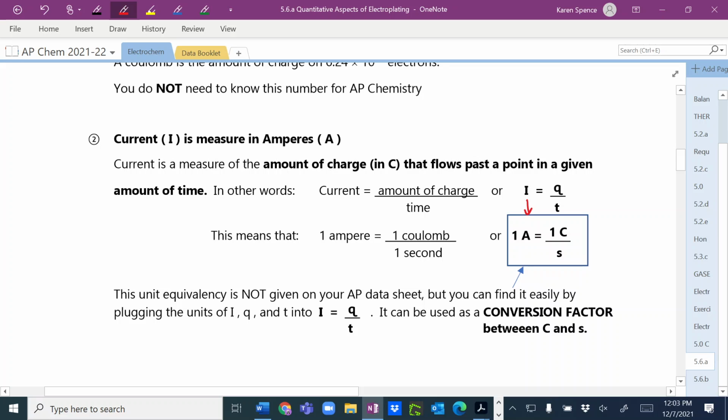We now have 1 coulomb per second as a conversion factor between coulombs and seconds. So if I gave you 2.5 amperes, that would be 2.5 coulombs per second, yes? And you can use that to convert between coulombs and seconds.